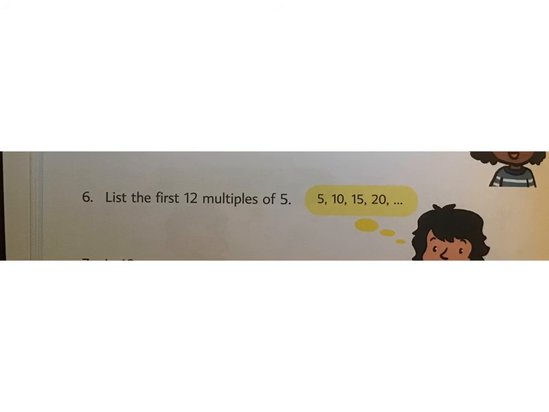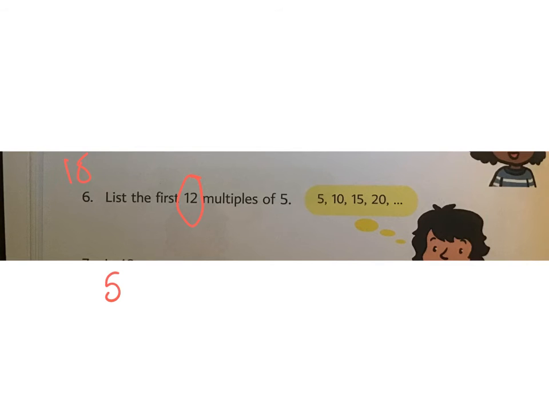I want you to go to page 18, number 6, and list the first 12 multiples of 5. So go and do that right now. Pause it.